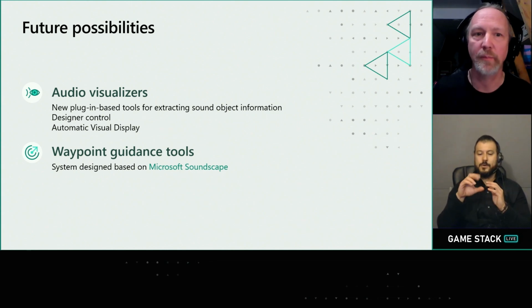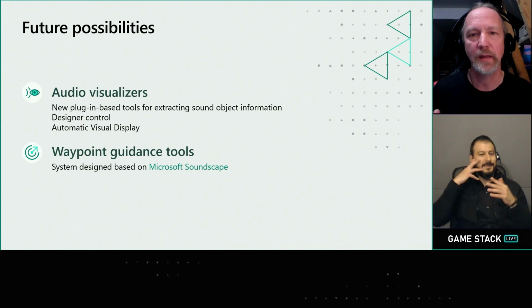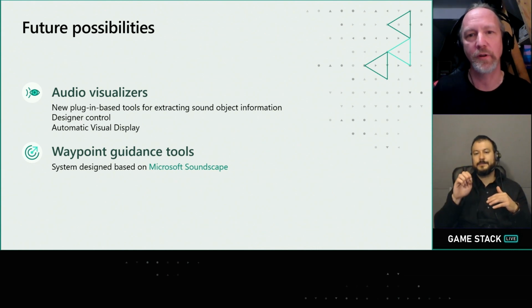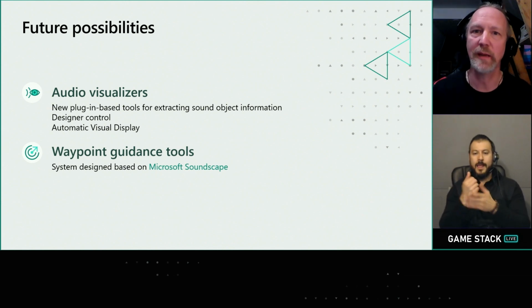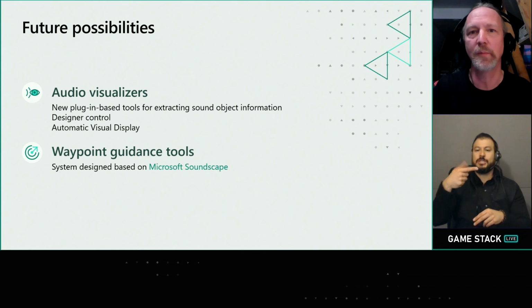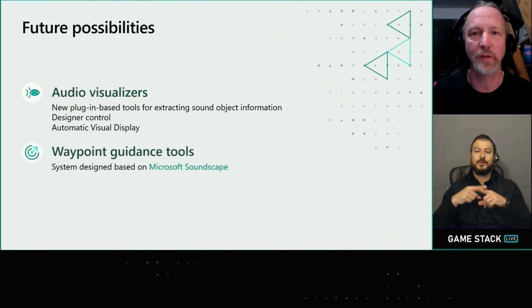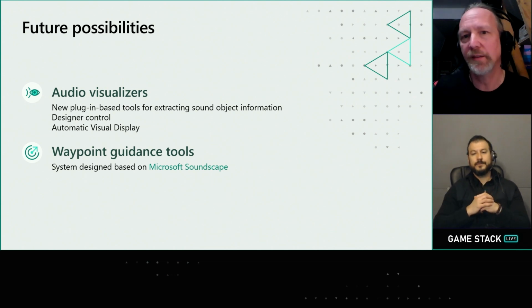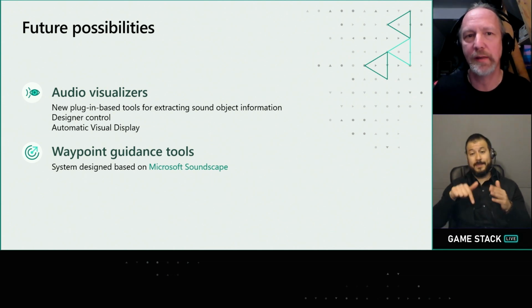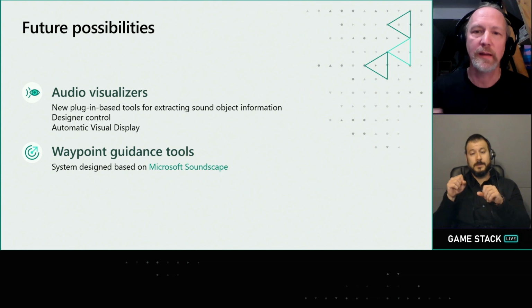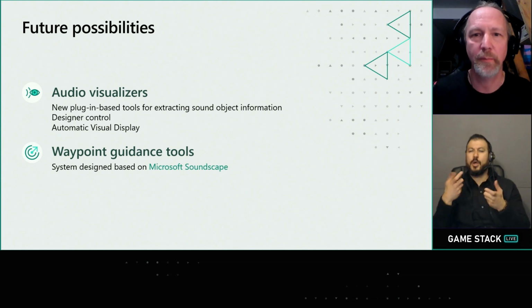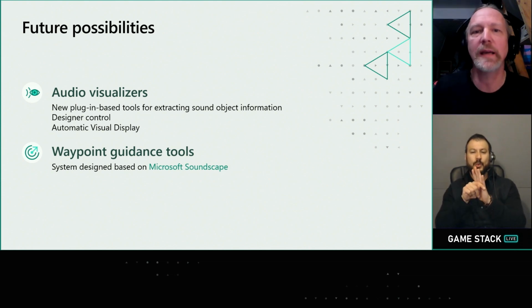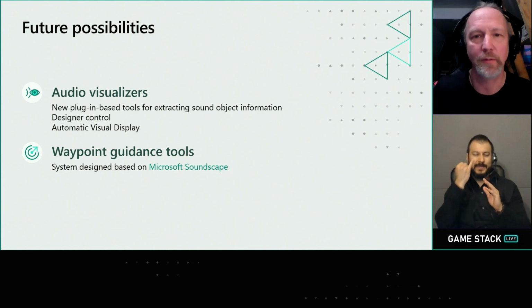It's a product called Microsoft Soundscape. It's designed for use with blind and low vision people to help use their phones and GPS out in the world to guide them to locations in the world. So we're looking at bringing this technology as a possibility into games, but I'd like to play you a little video here that'll give you an idea of what Soundscape is all about.